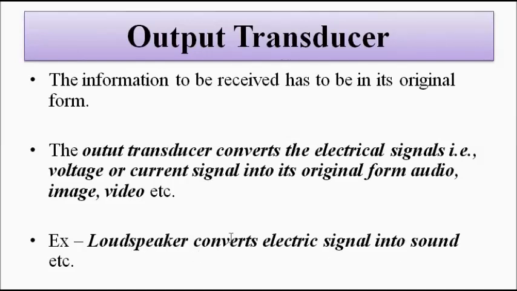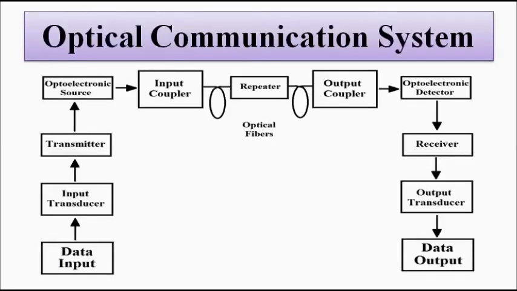We speak into the microphone, it converts it into electrical form, and the loudspeaker converts that electrical signal back into the original form, which is our voice or whatever sound that is. That is the job of the output transducer. So at the output transducer we get the final data output, whatever was intended to be transmitted from the sender side up to the receiver side.